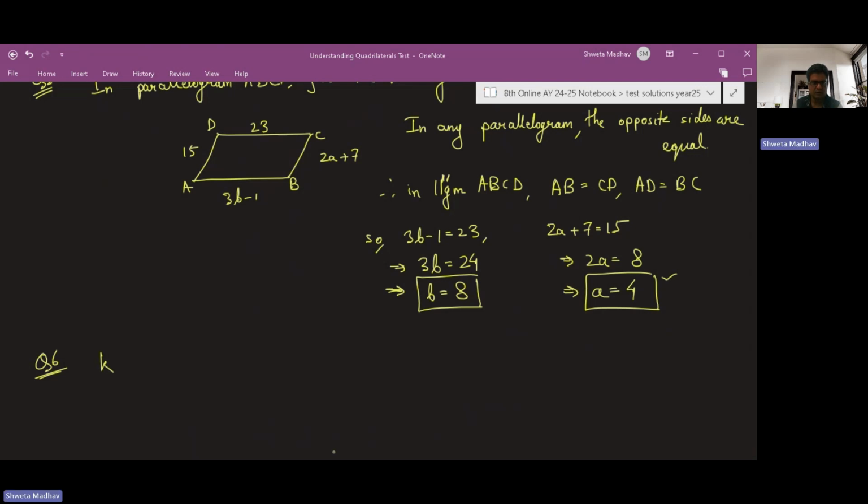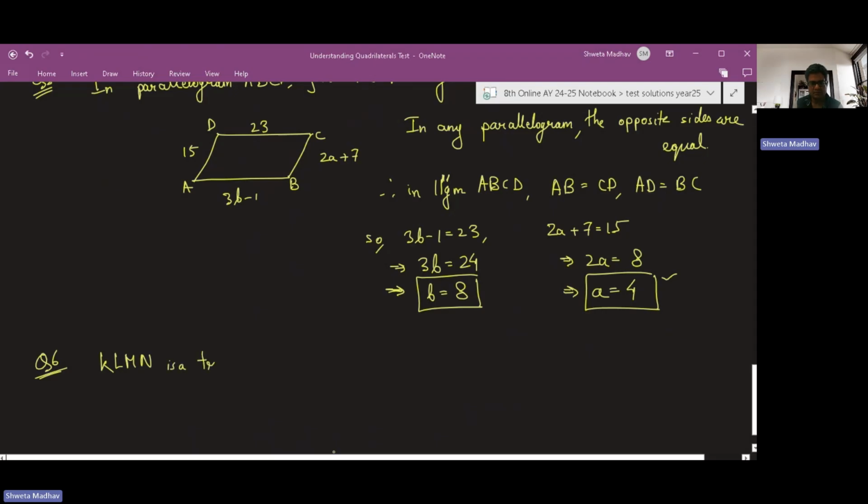Then it is told in question number 6 that KLMN is a trapezium.